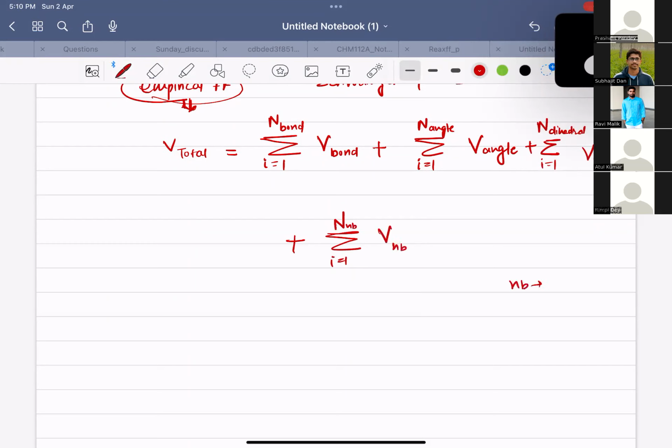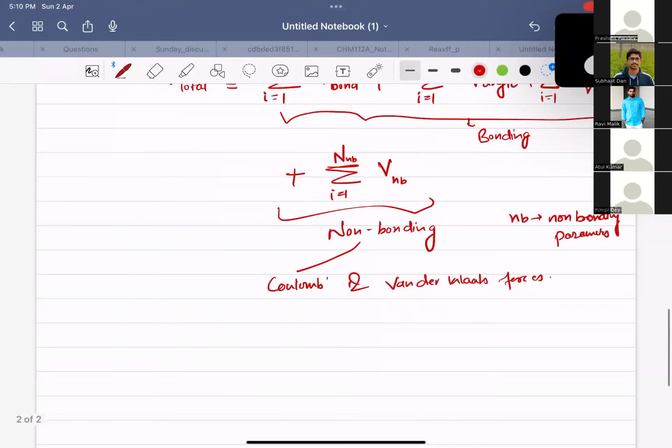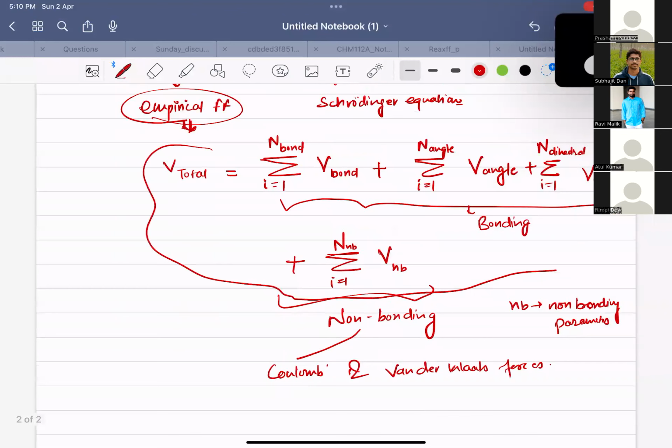Here NB refers to non-bonding parameters. This comes under the category of bonding parameters. And there are the non-bonding parameters, which are the Coulomb potential and van der Waals forces. So this is the general form.